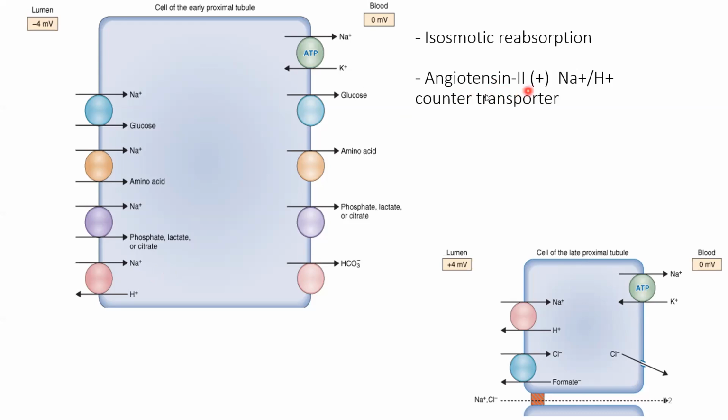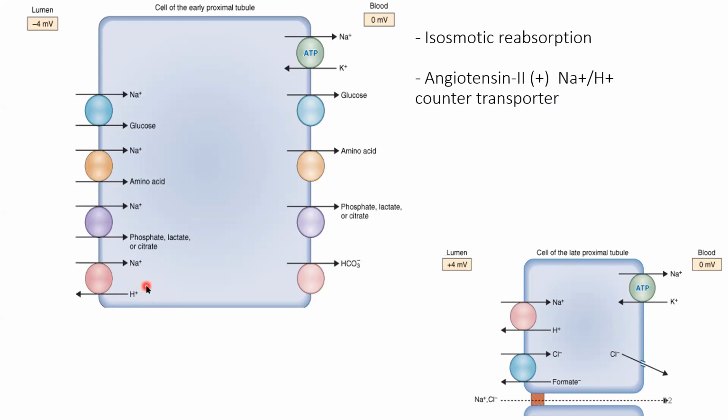once it's available in abundance, it triggers the sodium hydrogen antiport mechanism to perform at a higher grade. So it is normally working fine, but when angiotensin 2 is available in abundance, it enhances its function. So the perceptive student will quickly see hydrogen being more secreted in this scenario. Yes.